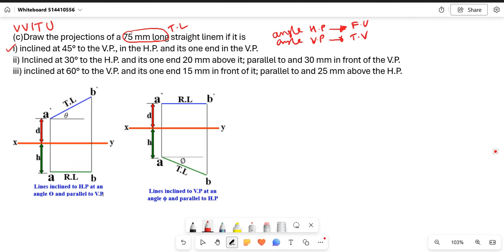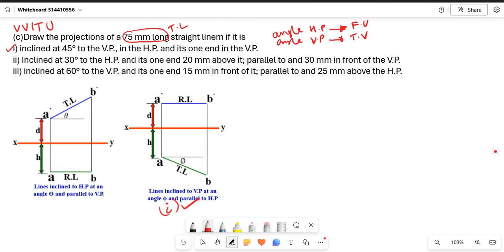Hence in this case, since the line is inclined to VP, in the top view you will get the true length and true angle, whereas in the front view you will get the reduced length and parallel to the XY line. That means for the first condition, this is the expected solution.